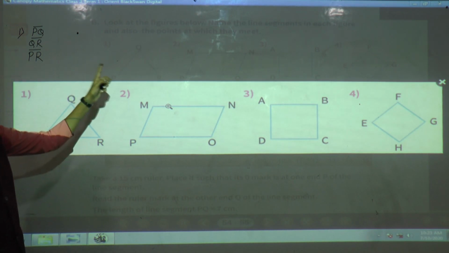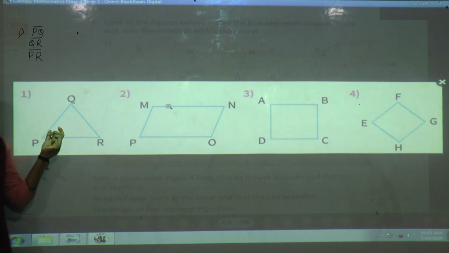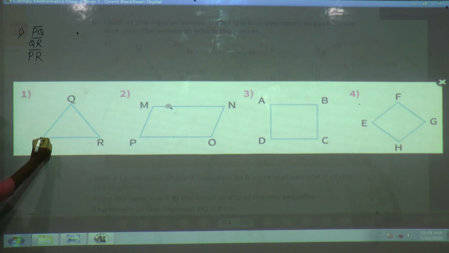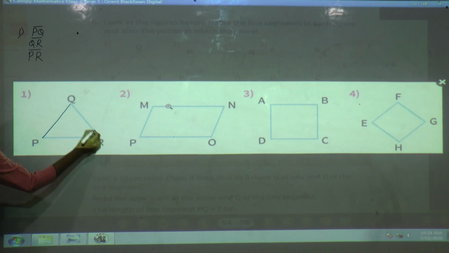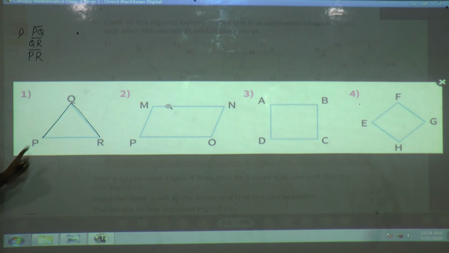Then also we have to write the point at which they meet. Now if we see these 2 line segments, PQ and QR, at which point can they meet? At point Q they can meet.